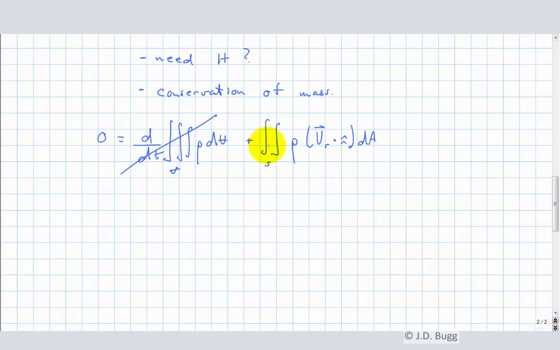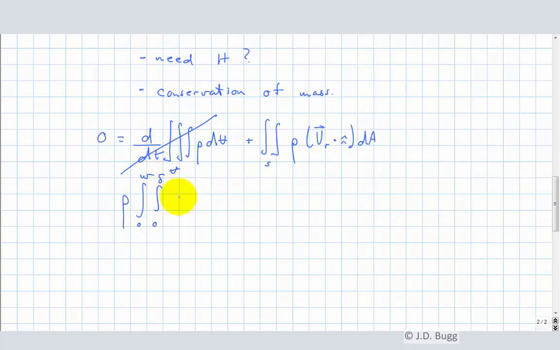Also, for this surface integral, the inlet is uniform, but the exit is non-uniform. So we do the exit first, and we set up the integral exactly the same way as we did for momentum. The only difference is there's no v in here. Density is constant, integrating from 0 to w and 0 to delta, with respect to z and y.